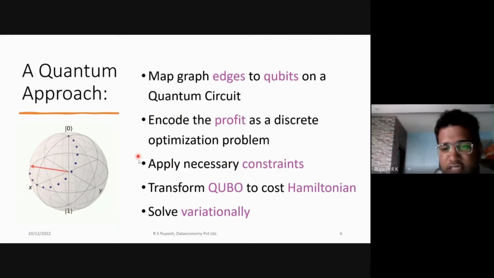Once this difficult part is done, we can transform this problem into a cost Hamiltonian and solve it variationally. So this is roughly the overview of how we are going to approach this problem.